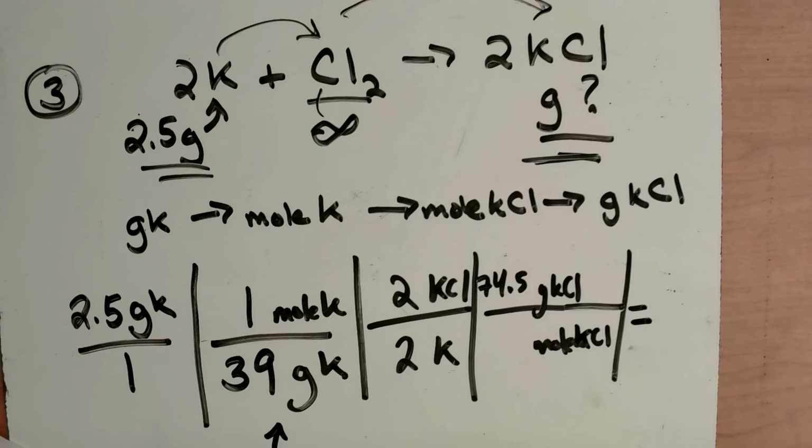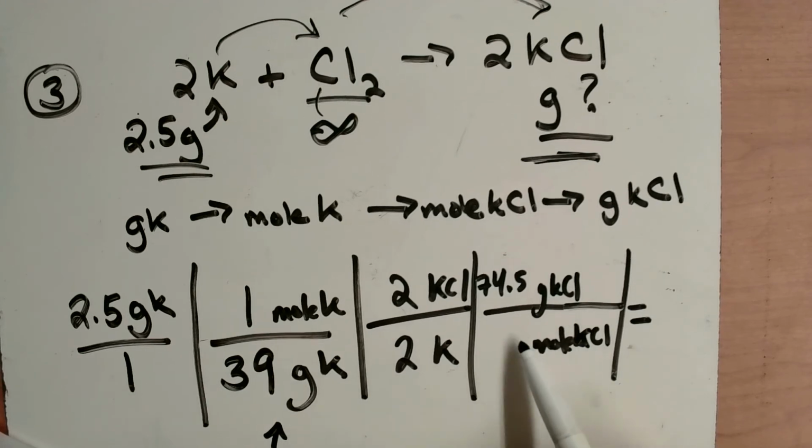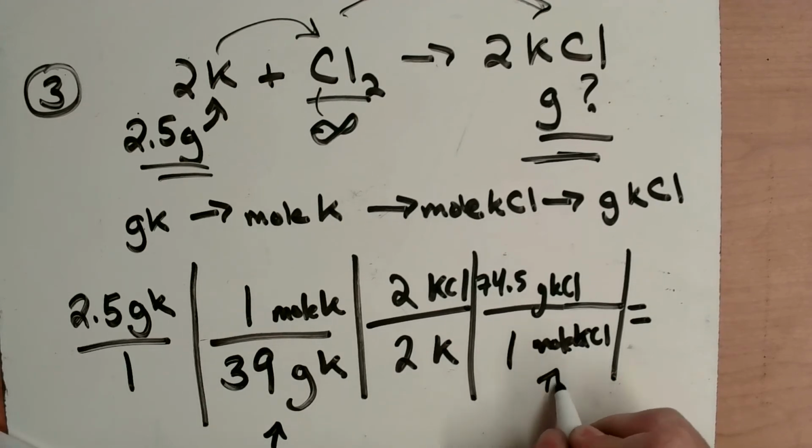All right, when we do the math here, we're going to multiply all the top numbers, then divide by all the bottom numbers. Okay, 2.5 times 2 times 74.5. Then I divide by 39, divide by 2. Oh, and this is 1. It's always 1. This is the molar mass of KCl.